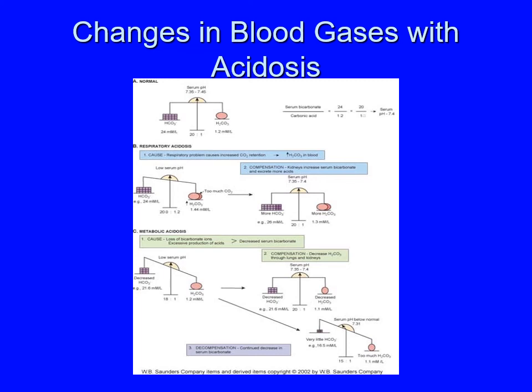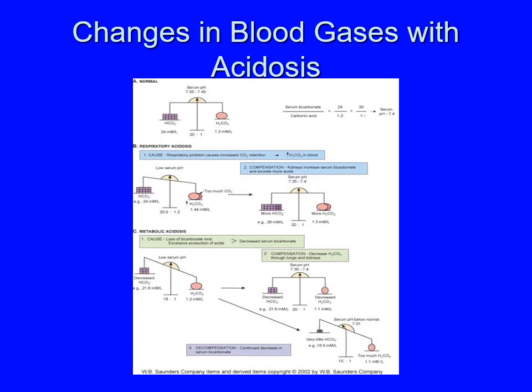Metabolic acidosis, the cause is loss of bicarbonate ions, excessive production of acids. So you see the acid is high there, and the compensation is decrease carbonic acid through the lungs and kidneys and bring it back to normal. Decompensation is it just keeps going in that direction.